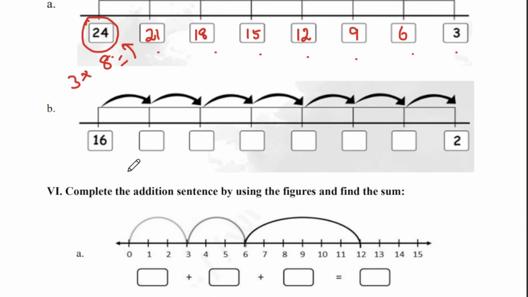Likewise, we have 2. So 1, 2, 3, 4, 5, 6, 7, 8. 2 into 8, 2 eights are 16.